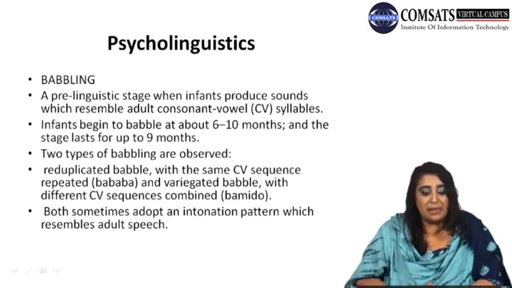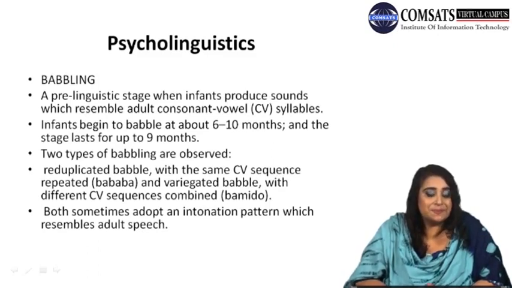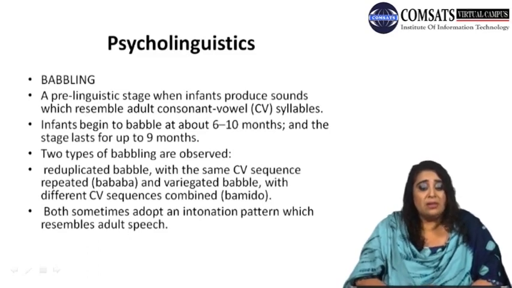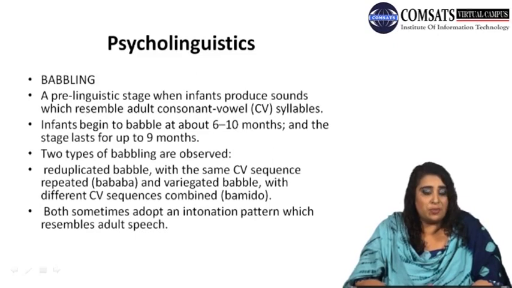Infants begin to babble at about 6 to 10 months of age, and the stage lasts for up to 9 months. So by the time of 9 months, they are learning to babble about different words they're saying. They're learning how to pronounce the sounds.